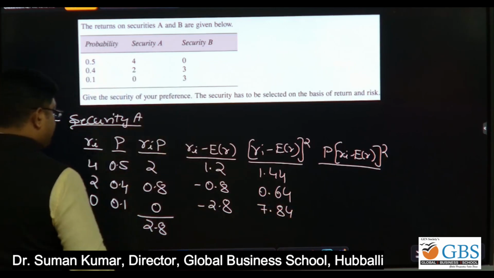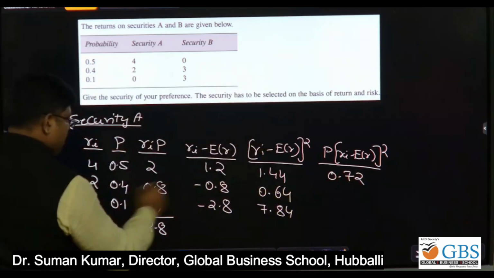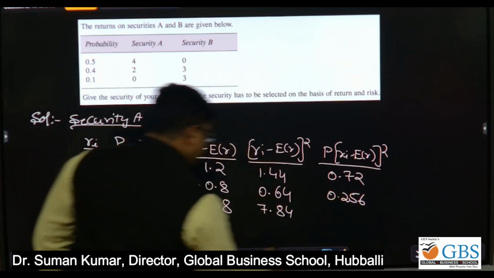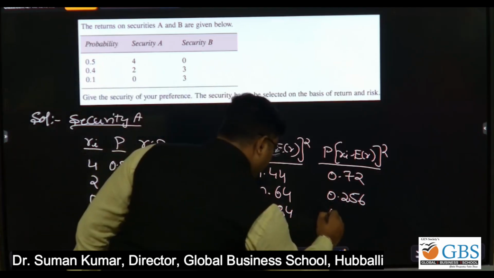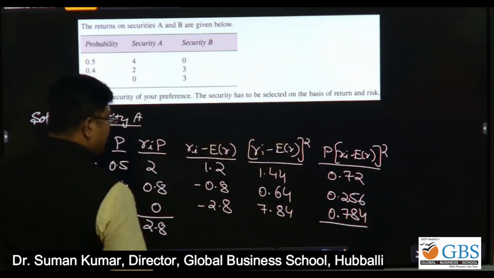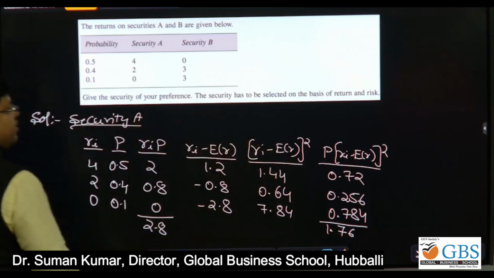Then 0.72, 0.256, 0.784, add, 1.76, right?